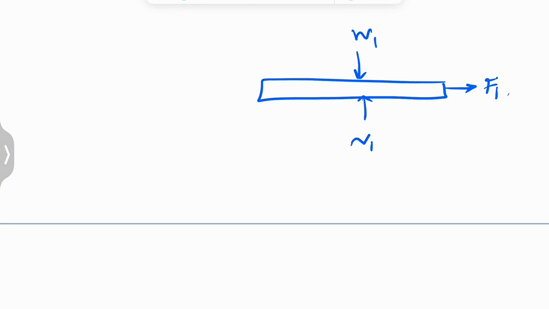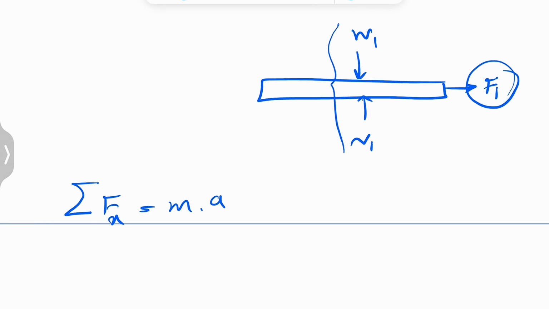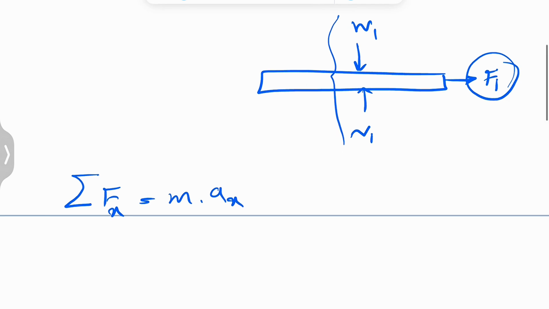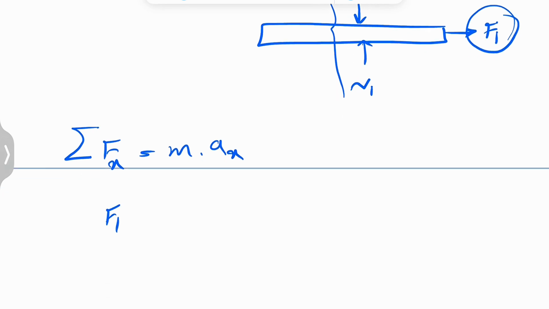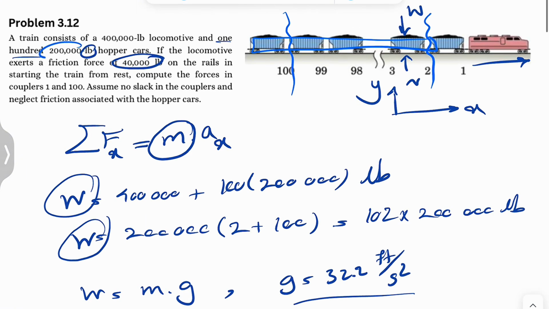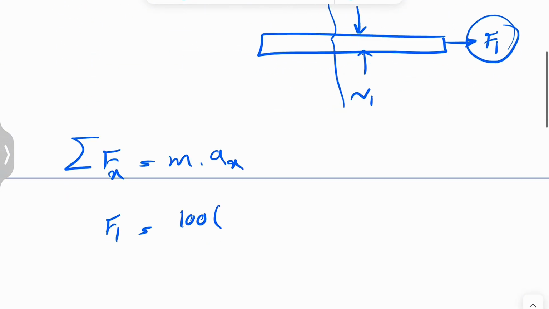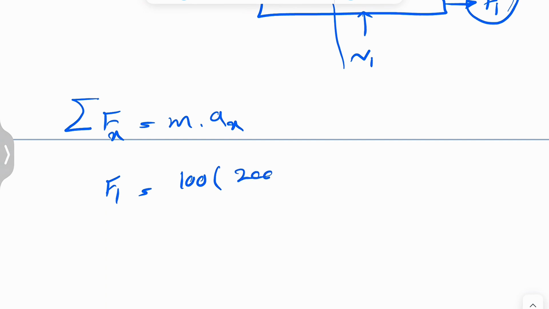But what's important for us is that we are looking for the force F, so we don't need to deal with the sum of all forces in Y. So we just do the sum of all forces in X equals mass times ax, keeping in mind that the mass is different here. As I mentioned, we have 100 cars, each of them 200,000 pounds, so 100 times 200,000. Again, keep in mind this is weight. We're going to divide it by 32.2.